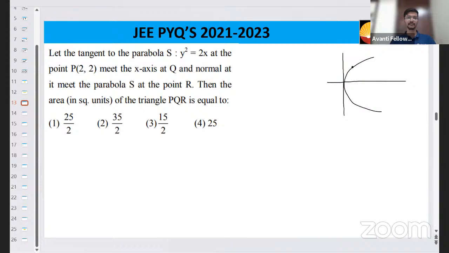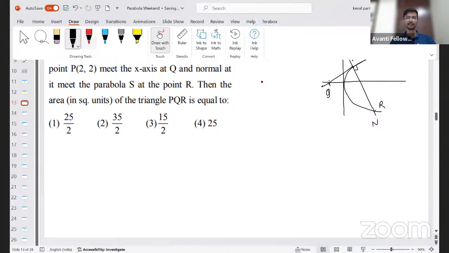Here at point P, a tangent is drawn and a normal is drawn. This is the tangent, this is the normal. This is point P. It is given that the tangent meets the x-axis at point Q and the normal meets the parabola again at point R.